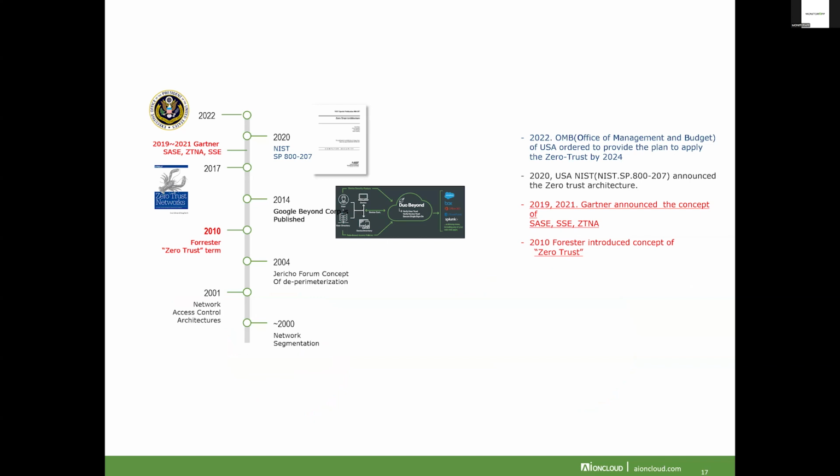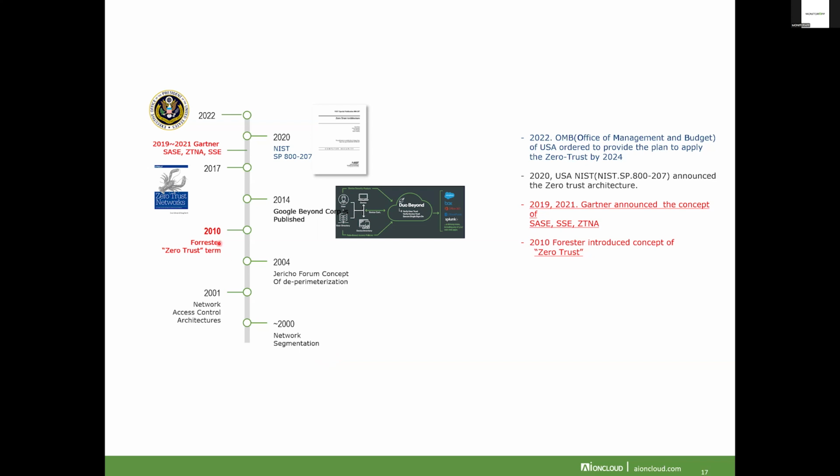Now, ZTNA has only come into the spotlight recently, but the original concepts that led to its creation actually started in the early 2000s, as we can see here in this time graph. For example, the IT intelligence company Forrester introduced the concept of zero trust back in 2010. However, ZTNA as we know it has only been around for a few years.